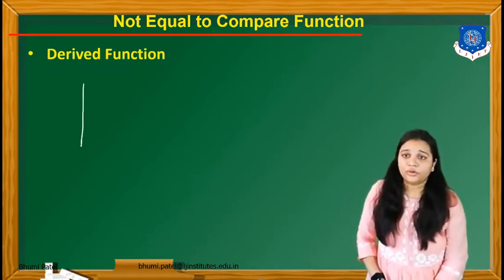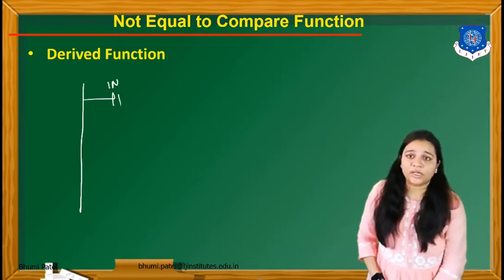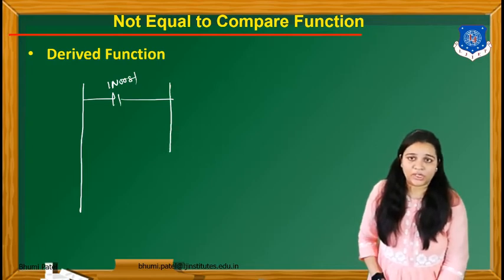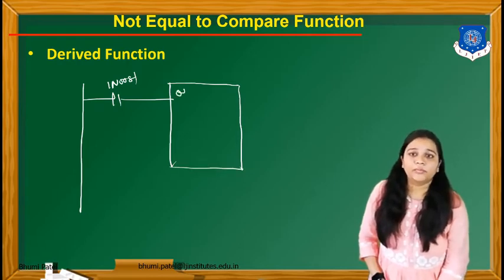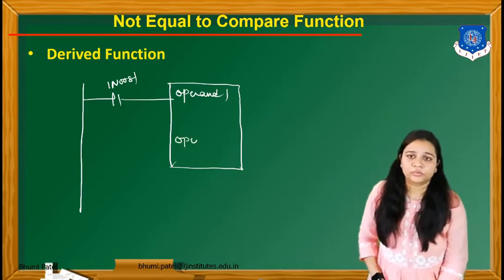We have to draw a ladder diagram. First we take one input signal, suppose named IN0081. In the block format, we take the two operands, operand number 1 and operand number 2.